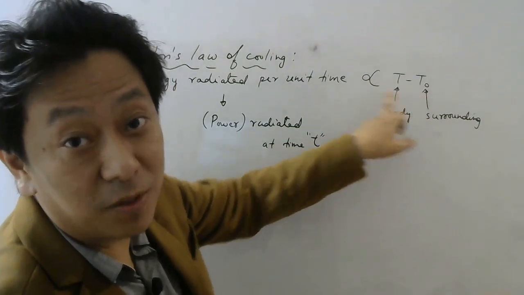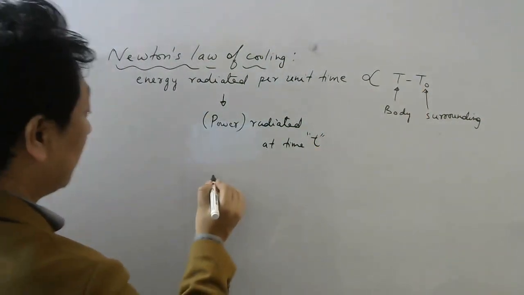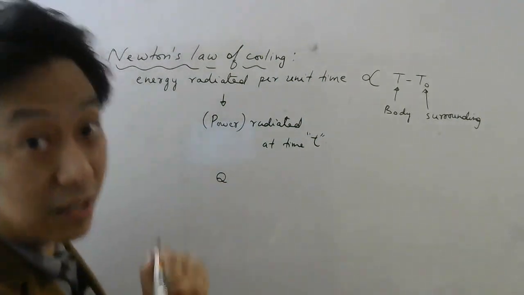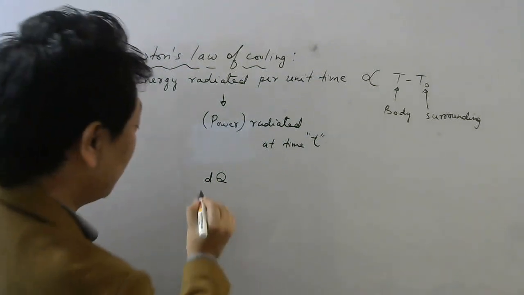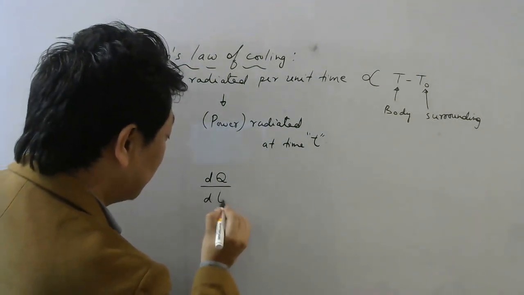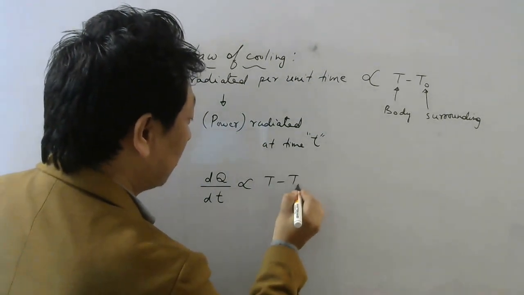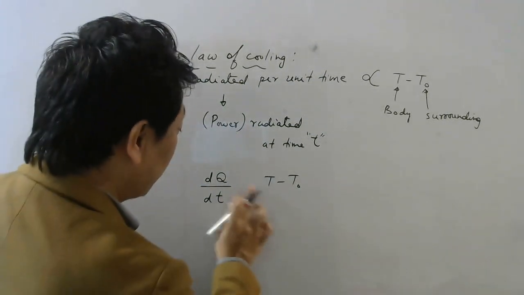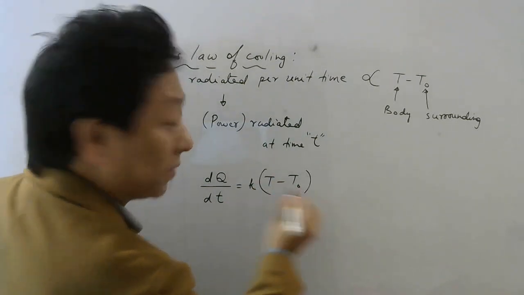Temperature difference between the body and the surrounding. Mathematically, let us write Q as the heat energy. Then dQ represents a small heat energy which is lost in time dt, and that is proportional to T minus T naught. If I put equal to, a constant will come. That constant, let me write as K.